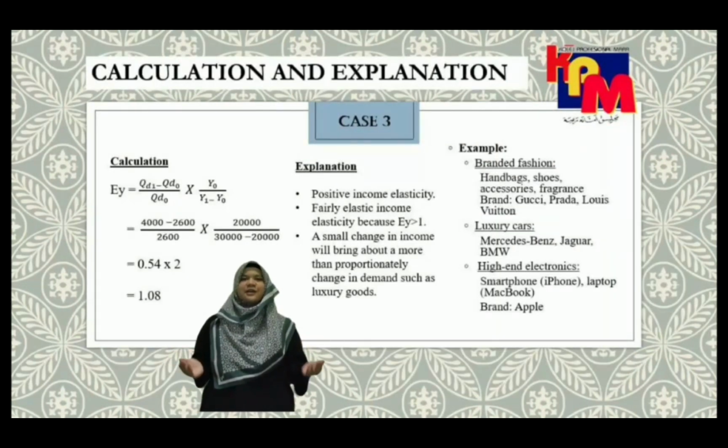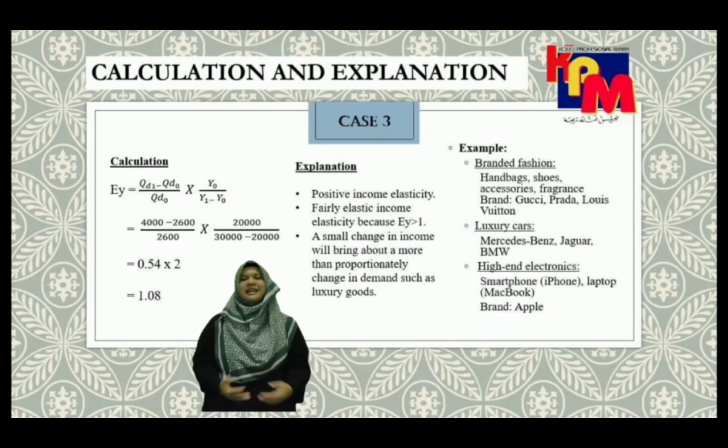This is the slide of calculation and explanation, and below is the formula to calculate the income elasticity of demand. First, we do 4,000 minus 2,600 and divide it by 2,600. And then we multiply it by 20,000 divided by 30,000 minus 20,000.